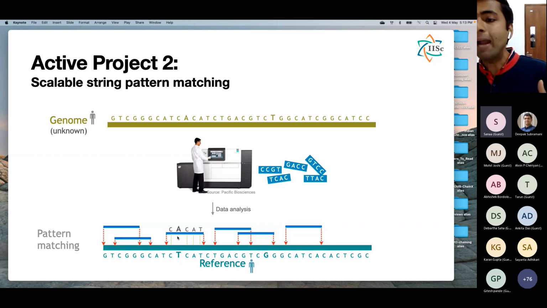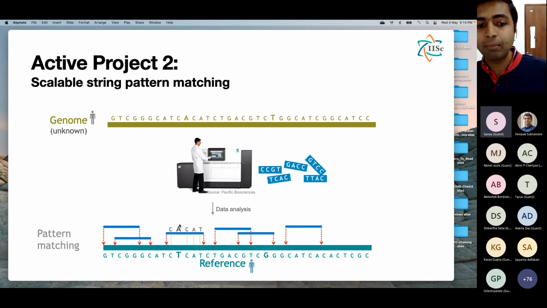So think of it as a string pattern matching problem where I want to pattern match the individual fragments to the reference. For example, here, this fragment CACAT looks very similar to this region of the reference, CTCAT.